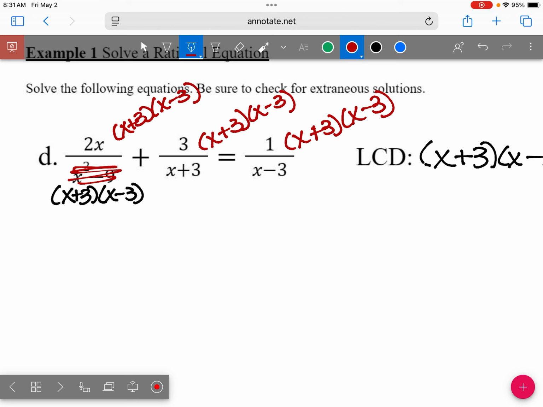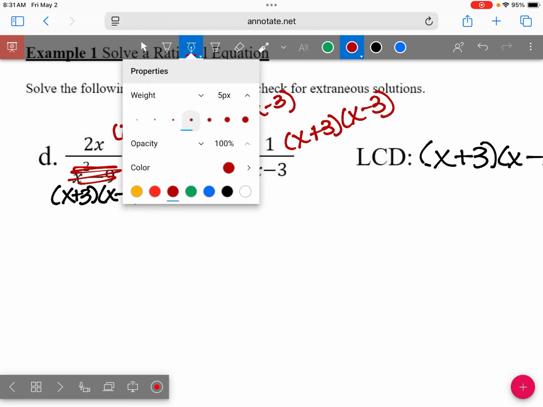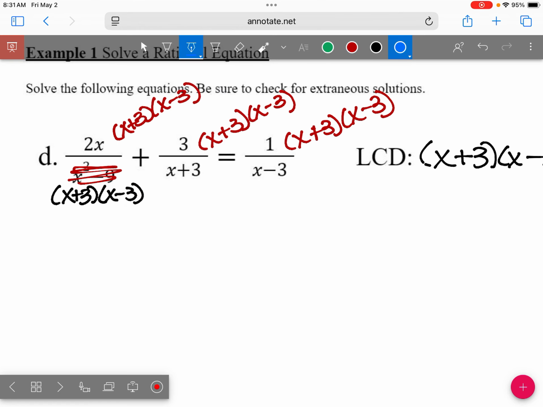And every single time, something is going to clear. So for the first fraction, they both clear, and all I have is 2x. Bring down the plus sign.